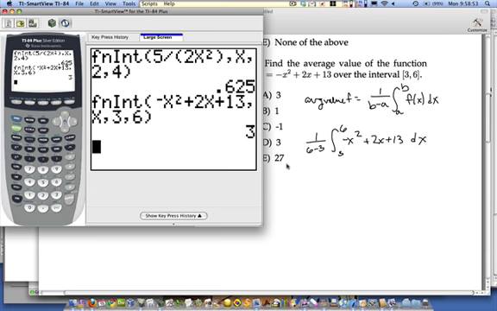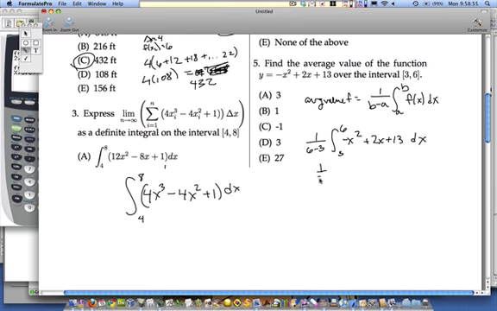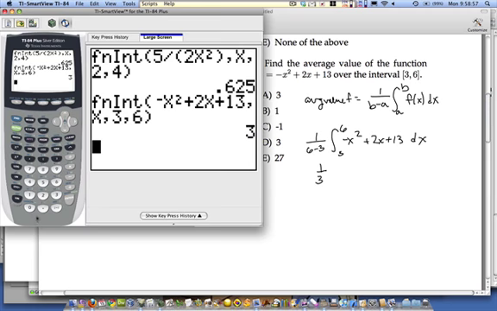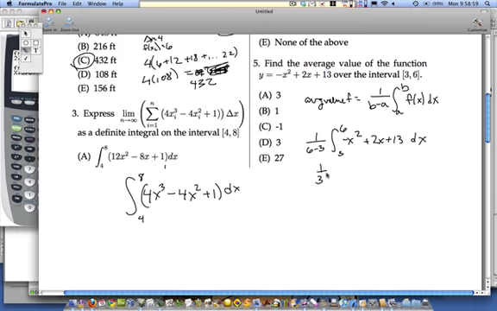So the integral is equal to 3. Well, that's convenient. And then 1/3 times 3 is equal to 1. And so the answer to 5 is B. And there's the multiple choice questions on the Unit 8 test.